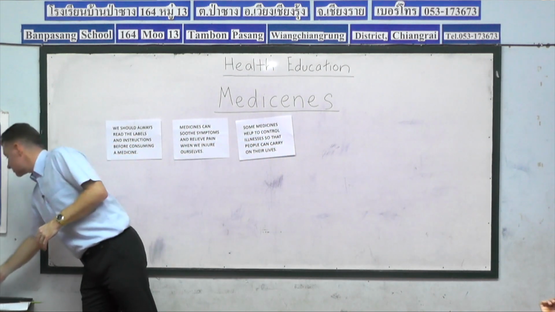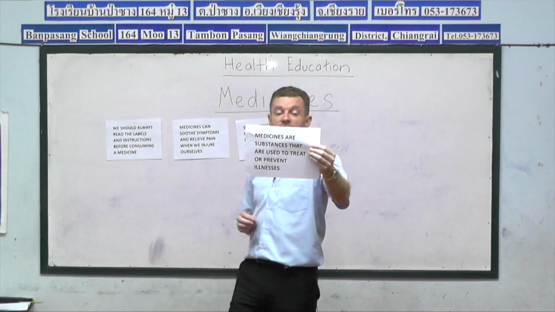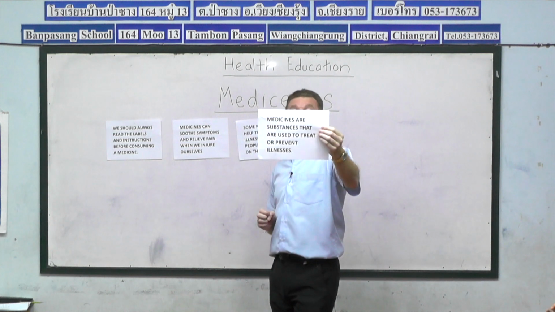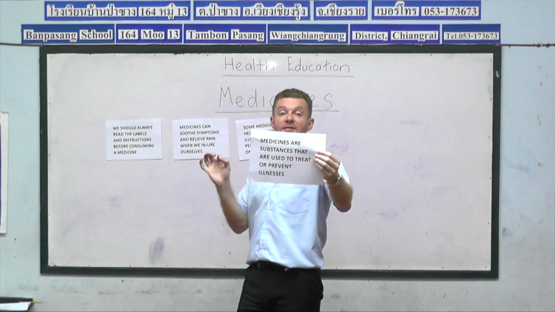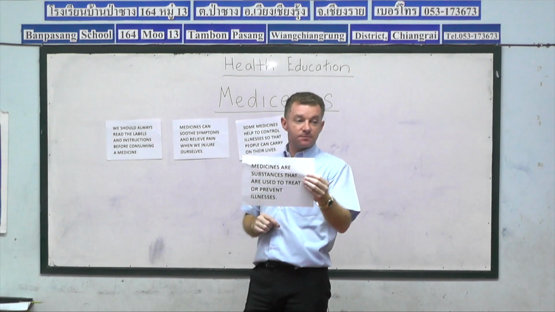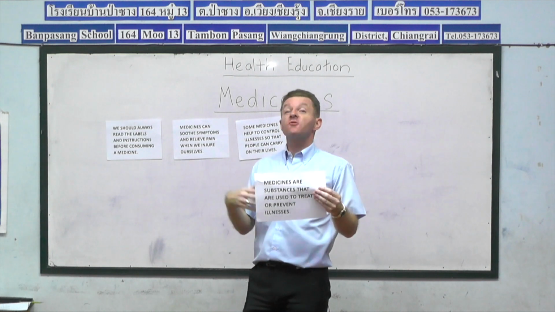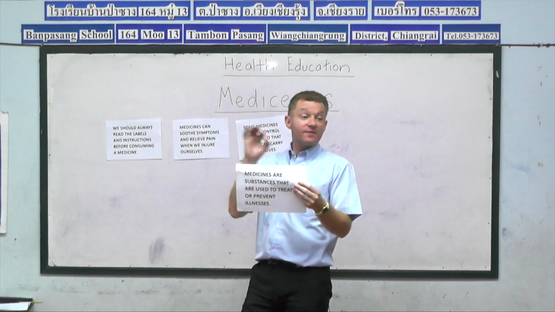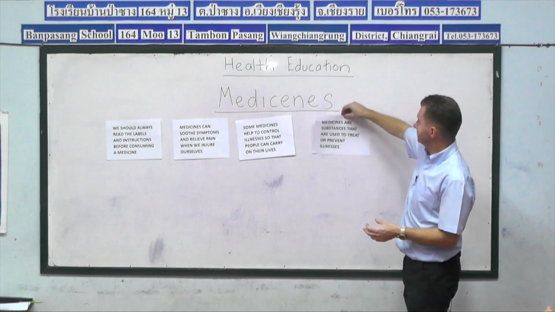Our next sentence: medicines are substances that are used to treat or prevent illnesses. Yes, so two different ways to take them. We either take them to make us feel better, or we take them to prevent us getting injured or feeling sick.